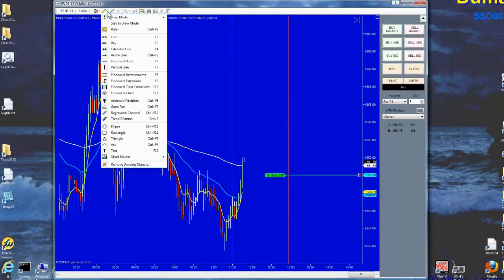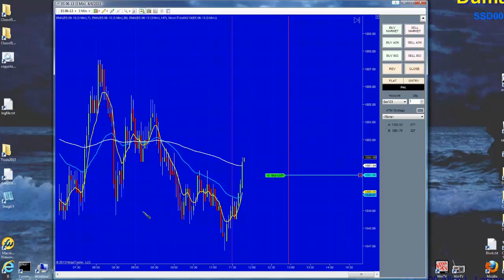I like to measure the slope by drawing lines and seeing how fast a move is. If I take the grid point near this one and I go up, this is over one grid, up 3, 4, 5, 6. This initial move went 6 points per half hour. That's 12 points per hour. That's about as fast as the E-mini really trades.